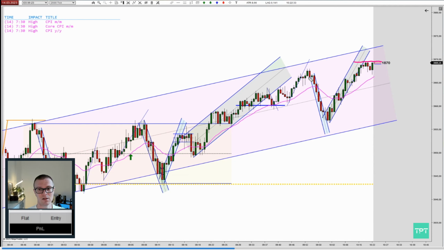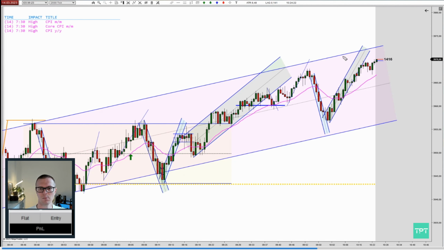So I cannot take this. I really would like to see a nice bar right off the EMA to retest the highs. But prices decided to do differently, and we will see what will happen next.